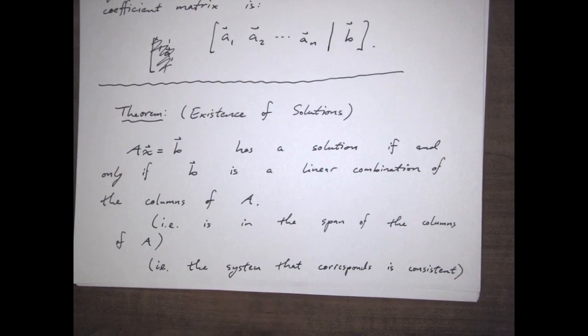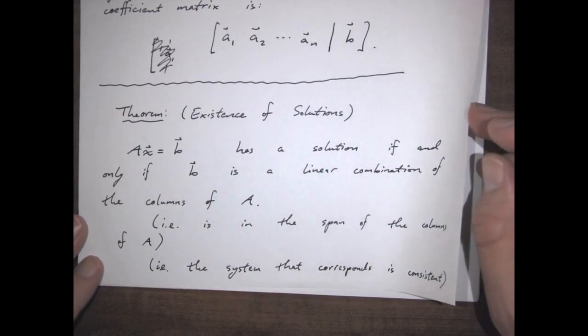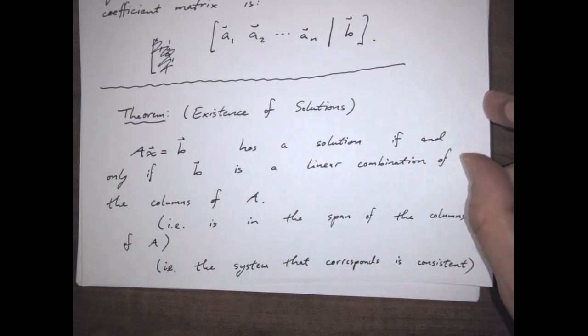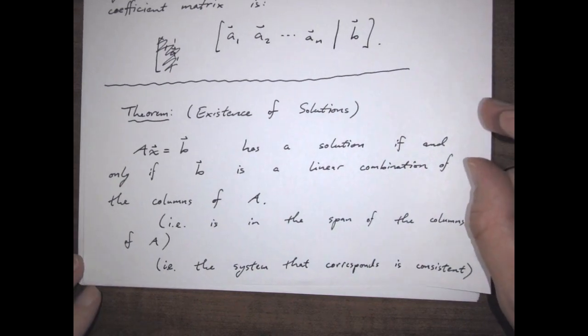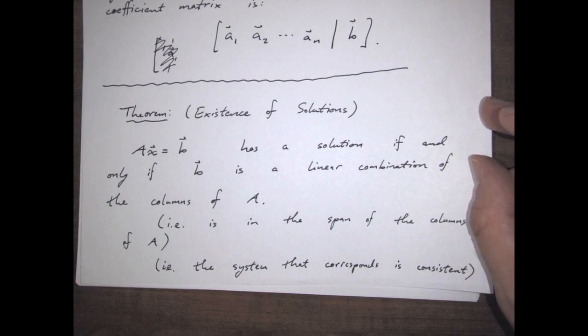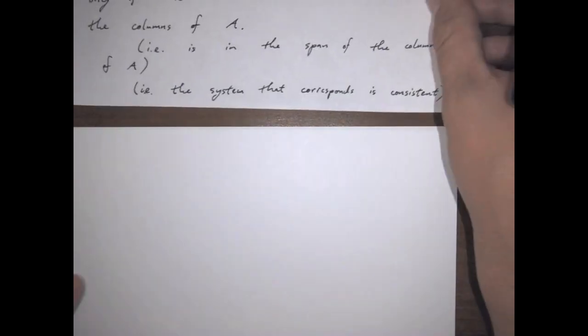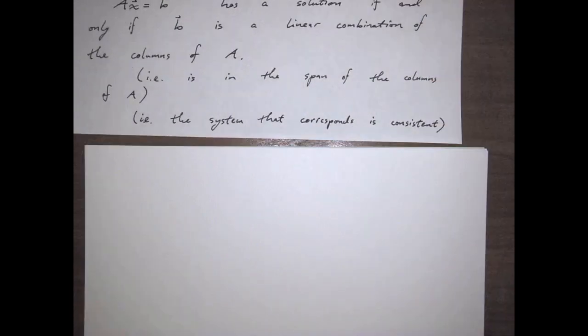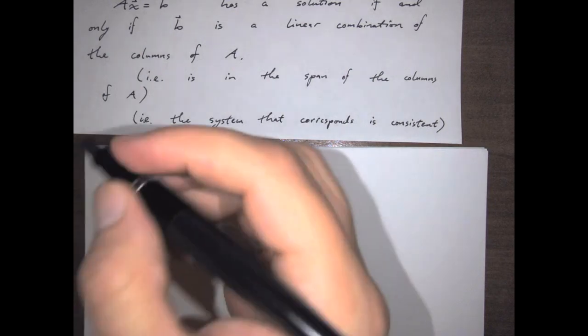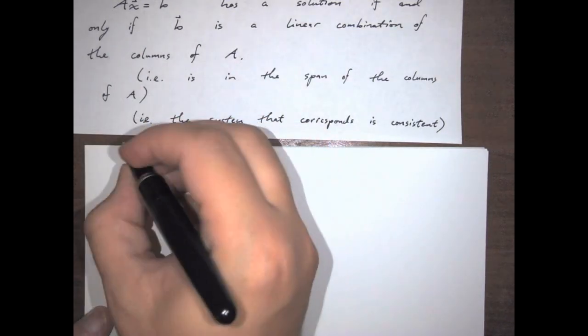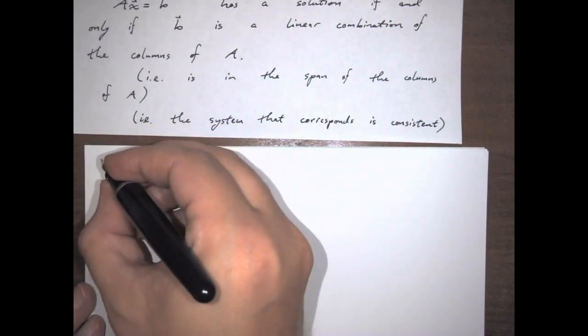Now we already know what it takes for a system to be consistent. The system has to never end up with a row of all zeros followed by a non-zero entry. Now let's explore exactly what this means and doesn't mean by looking at two similar but contrasting examples.